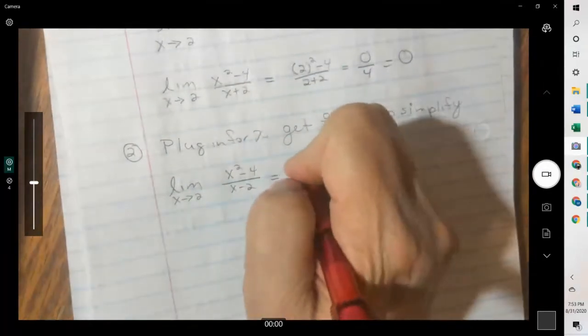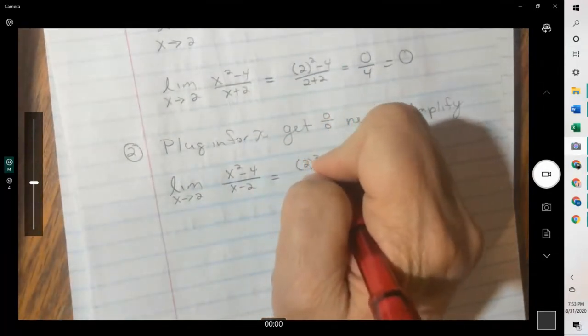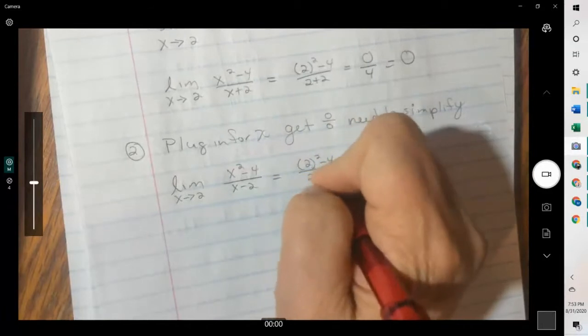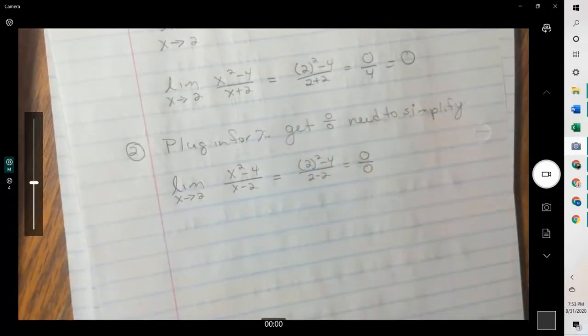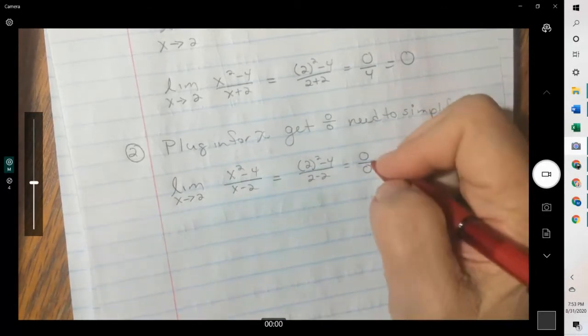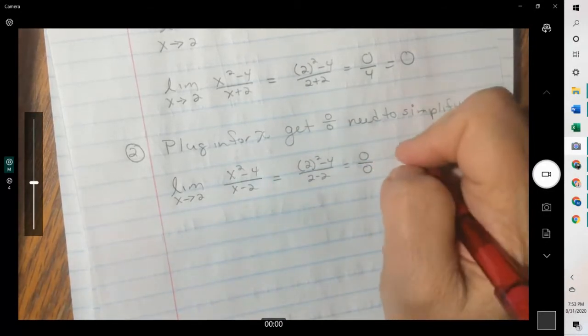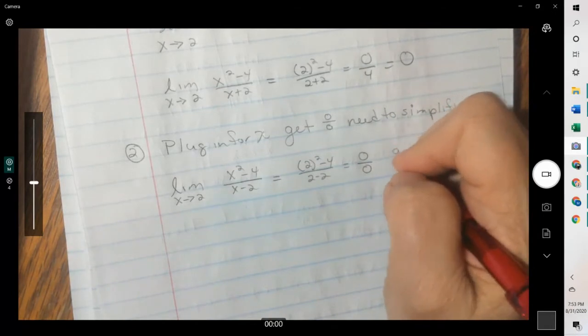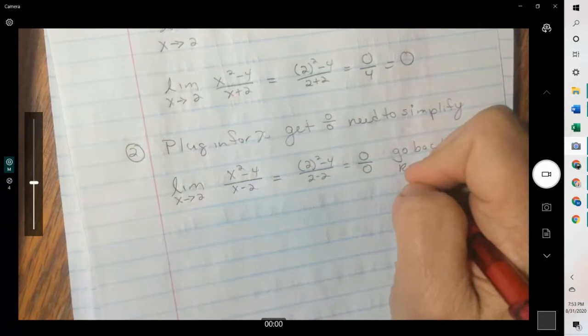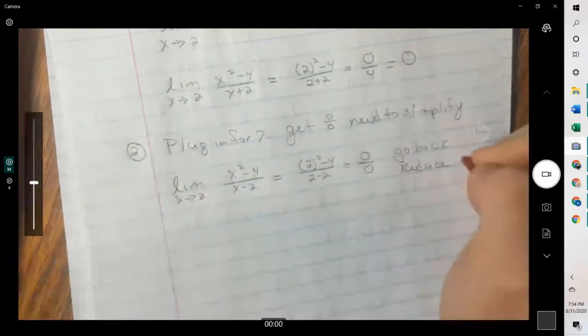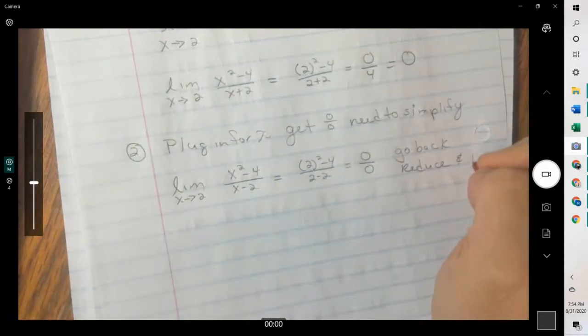We get 2 squared minus 4 over 2 minus 2. We get 0 over 0. That's indeterminate, which means you need to go back, reduce, and plug it in again.